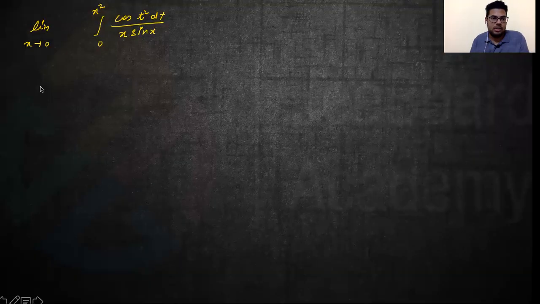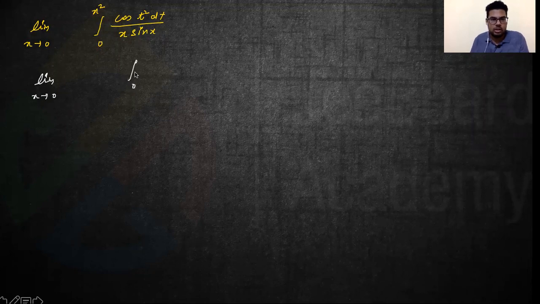Let's do a similar question, not the same: limit x tends to 0, integral from 0 to x square of cos of t square dt, divided by x sin x. The only thing we need to observe is that the integration is in t.